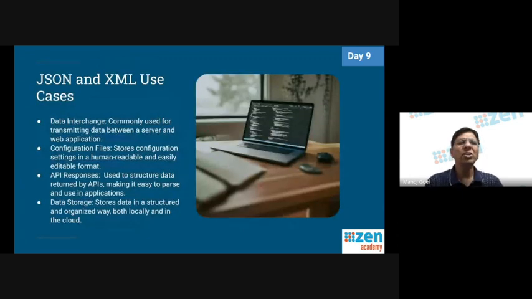Now, JSON and XML use cases. What are the common use cases for JSON and XML? We use them for data interchange, commonly for transmitting data between a server and a web application. You deal with a lot of web applications on a daily basis, like Gmail, for example.